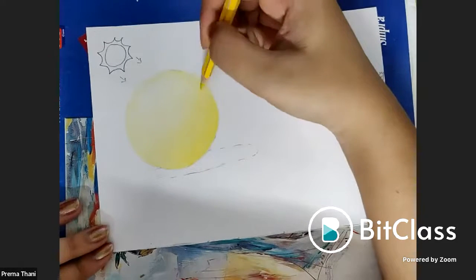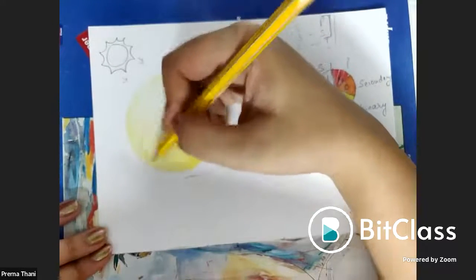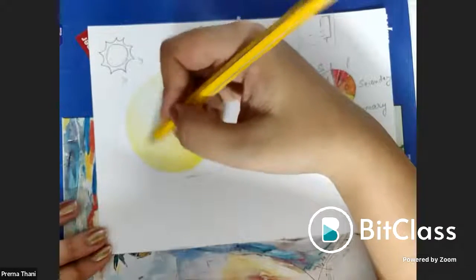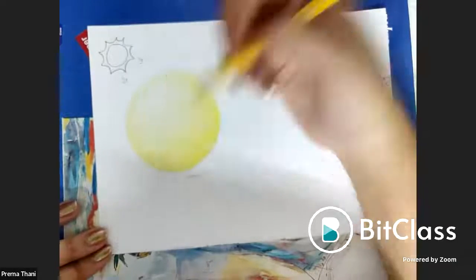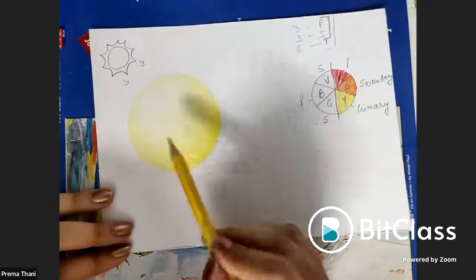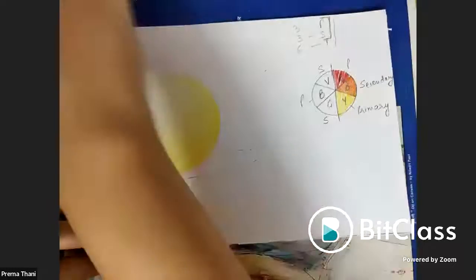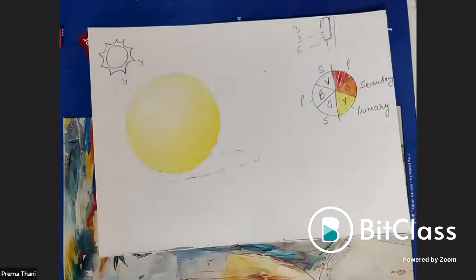I hope everyone is with me. Now, what color should we use after yellow? Orange, yes. So let's start with orange. You have to do the same thing. Same thing.